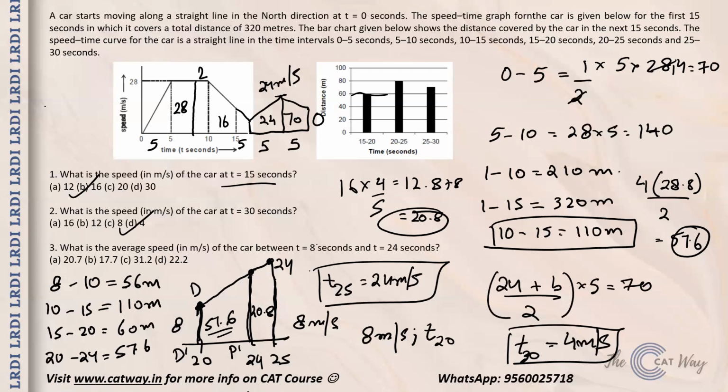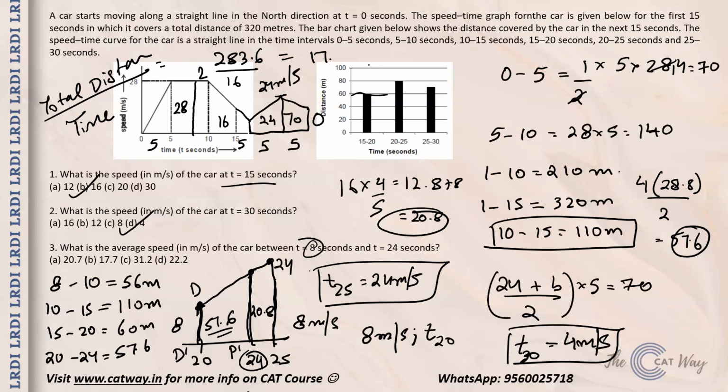The average speed is basically total distance divided by time. The total distance that we have covered is 283.6, and the time we have taken is from 24 to 8, that is 16. So divided by 16, you will get the average speed, which will turn out to be 17.7.